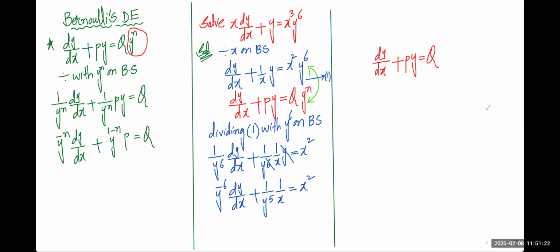According to the working rule, if you take this term as some other variable, put y power 1 minus n is equal to z and differentiate.